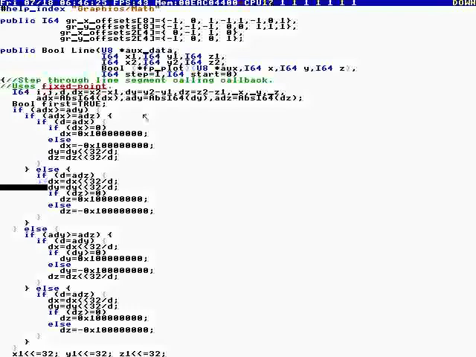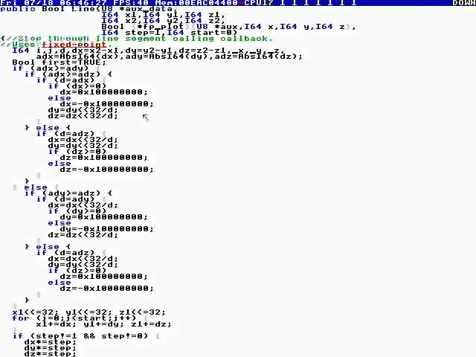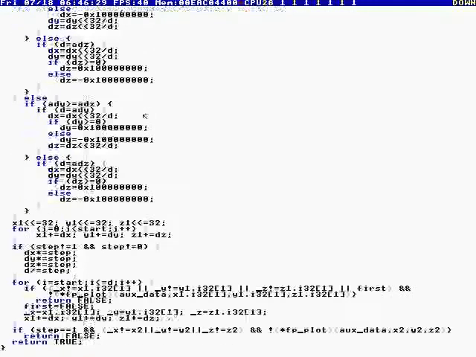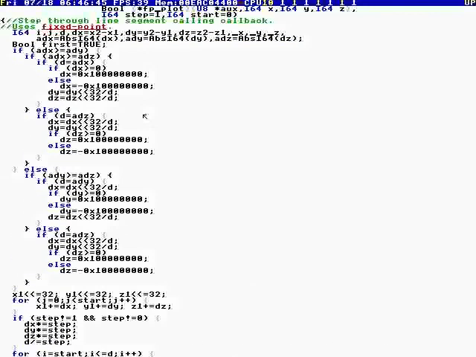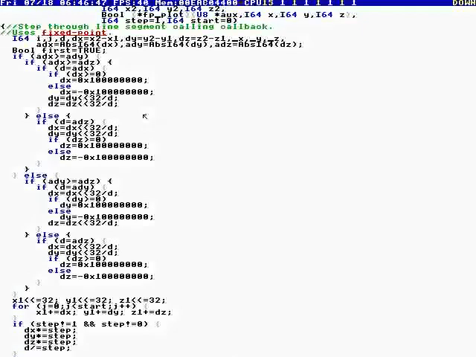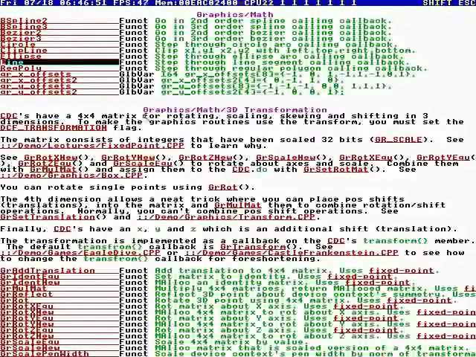It calculates the slope, and then adds. There's a 32-bit fixed point. In other words, a 32-bit fractional slope. Anyway, circle.